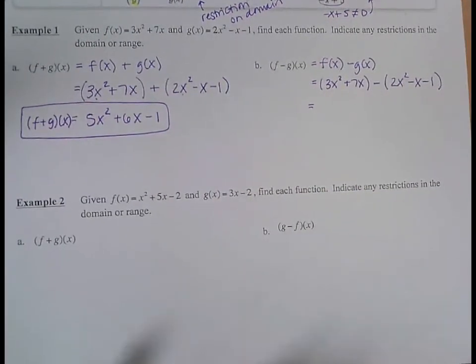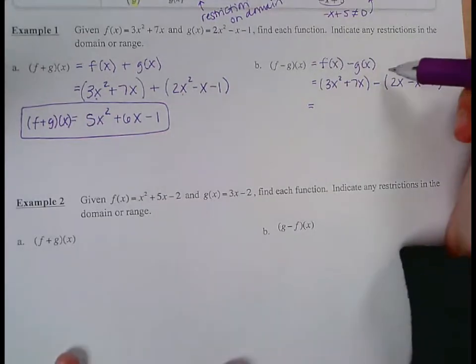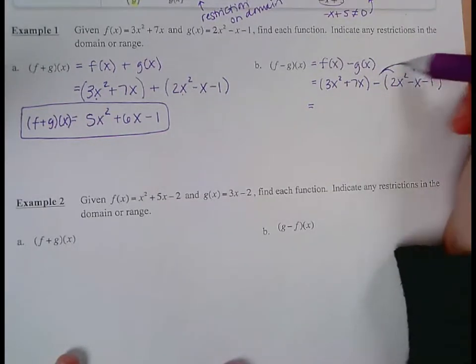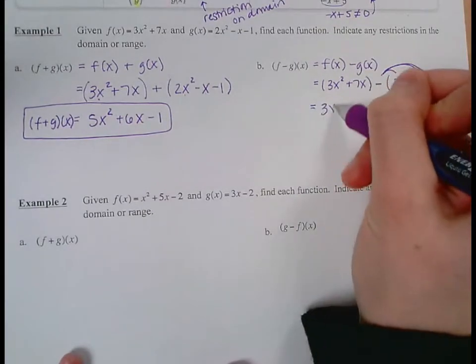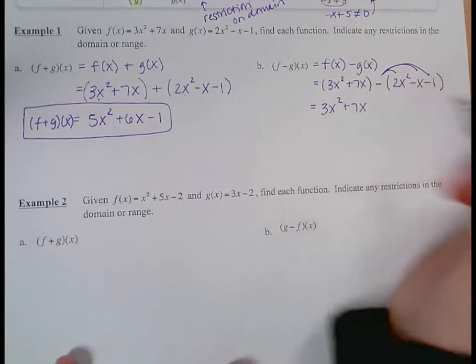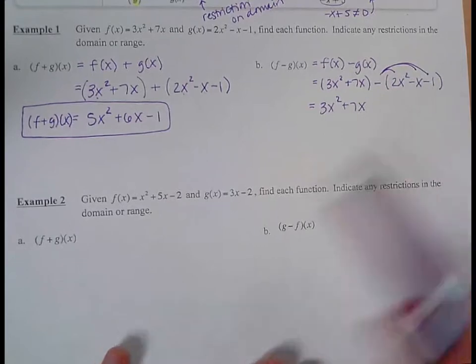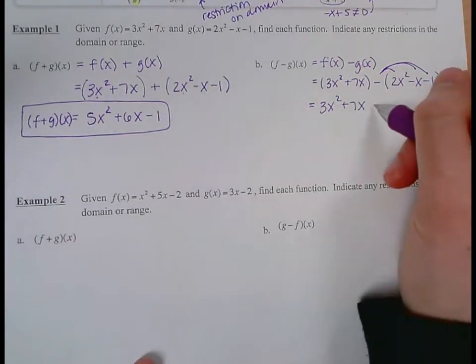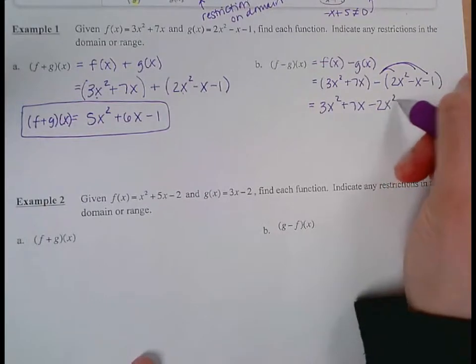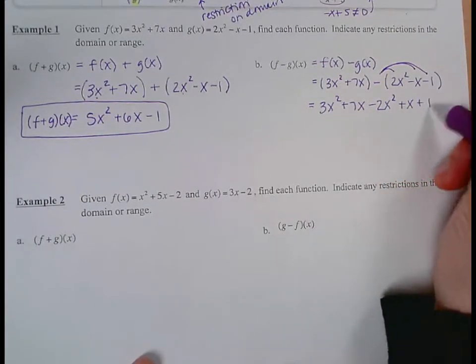So I know, not that you have to do this, the way I typically work through it is I do distribute that negative to everything. So I have 3x squared plus 7x, and then when I distribute the negative to the 2x squared minus x minus 1, I get minus 2x squared plus x plus 1.